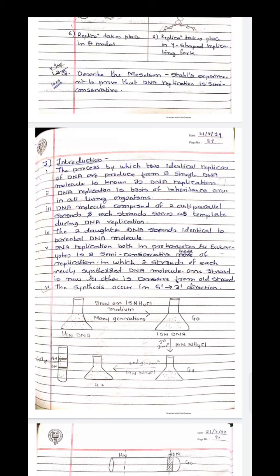Today we discuss the next question: describe the Meselson and Stahl experiment to prove that DNA replication is semi-conservative.